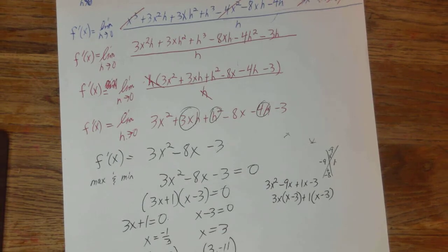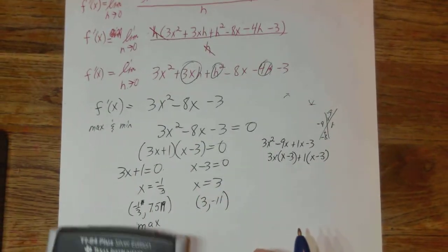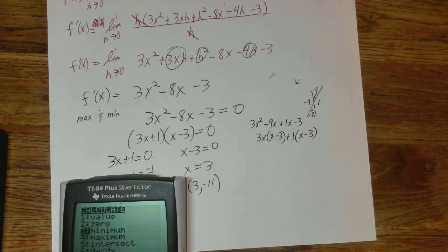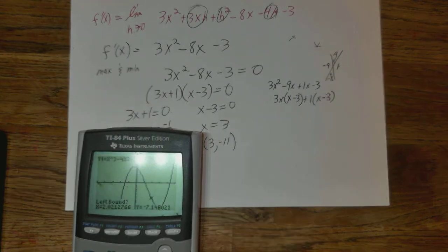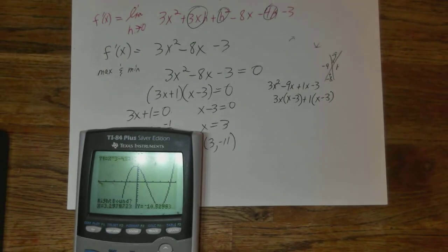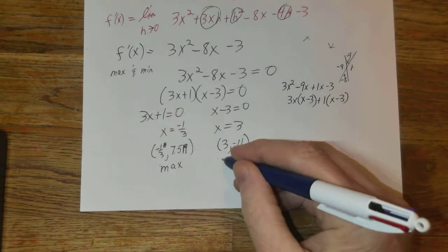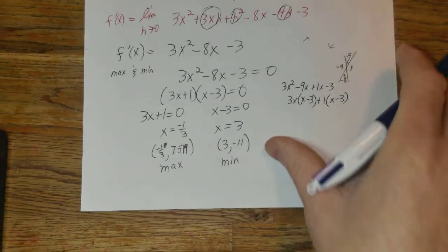Right there. There's a max. And then second calc, let's go for this minimum here. Left bound, let's get on the other side of it. Right bound, enter. 3, negative 11 is the minimum of this function.